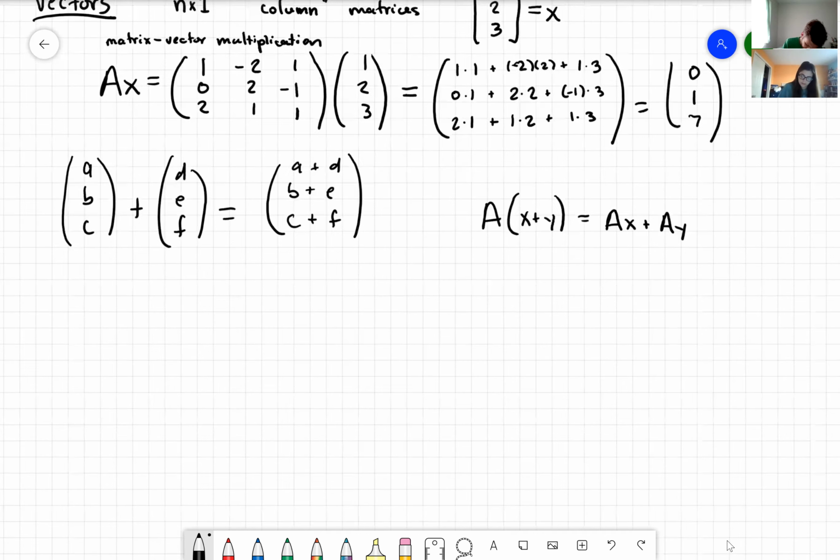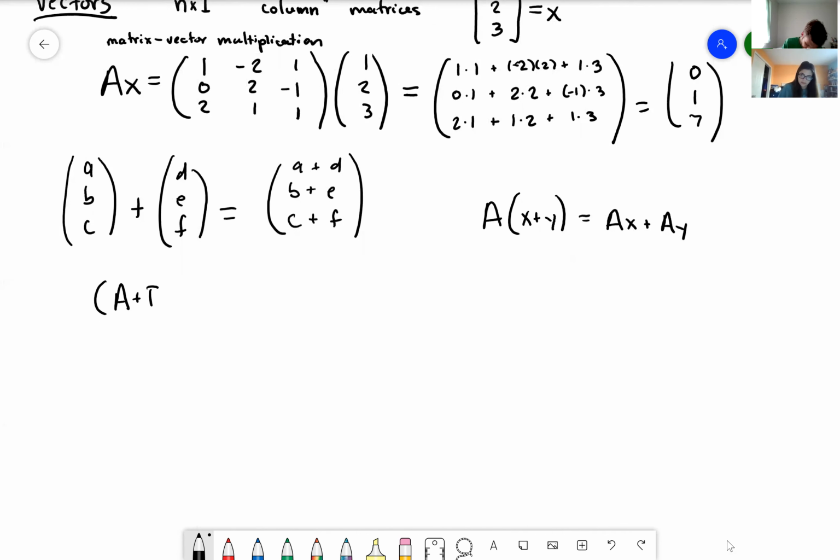And also, if we add 2 matrices together and multiply by a vector, we also get that it distributes. I won't go through a formal proof of these. You can see how the details of multiplication work, and you would see that this works out just like you would expect.